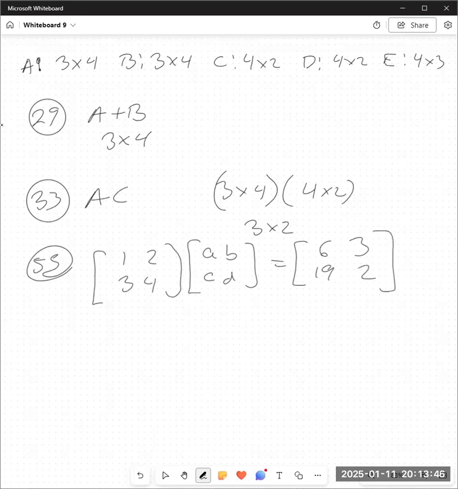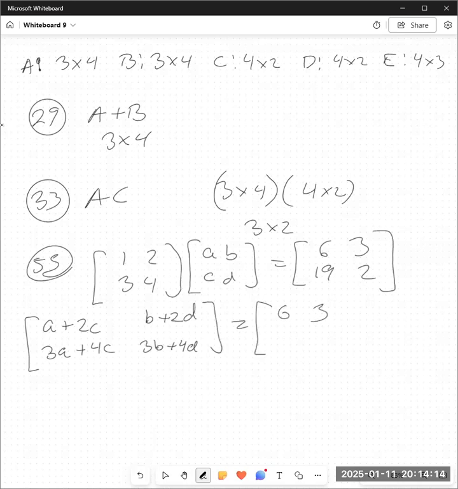So that is A plus 2C, that is B plus 2D, and that is 3A plus 4C, and that is 3B plus 4D. Needs to be equal to 6, 3, 19, 2.